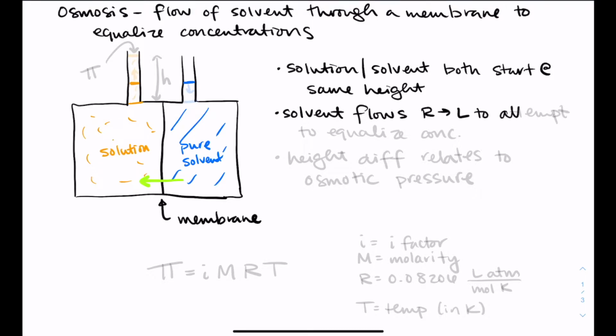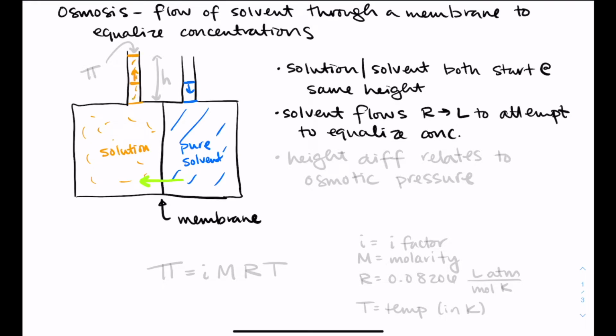So you can imagine more particles or higher concentrations, that solvent is going to really want to come over to dilute the solution. So we'll have to put a higher pressure on it to stop osmosis from happening.